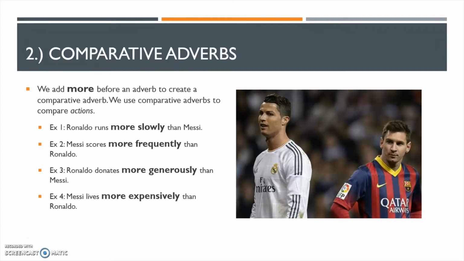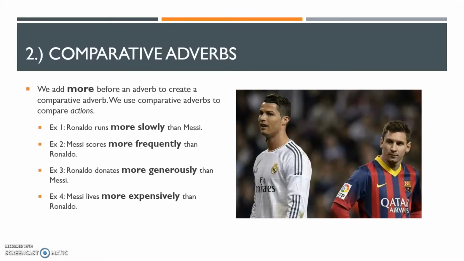We can also use comparative adverbs to compare actions. To do this, we simply add the word more before whatever adverb we're using. So, Ronaldo runs more slowly than Messi. Messi scores more frequently than Ronaldo.